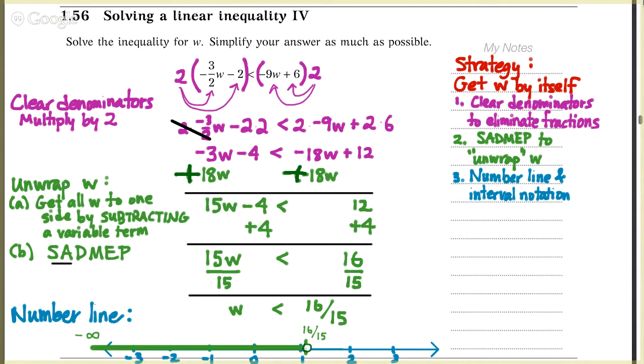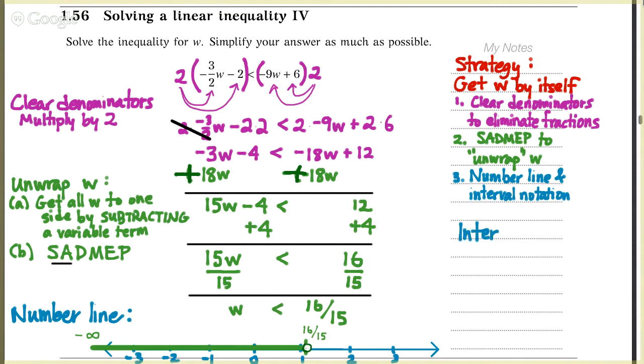Also, because W is strictly less than 16 over 15 and is not equal to, in other words, because we have the strict form of the inequality sitting right here, and it's not less than or equal to, it's just less than, I'm going to put an open circle right there at 16 over 15 to denote that we're not including that number specifically, but we're including every number which is less than that. So there's a depiction on the number line of what the solution looks like.